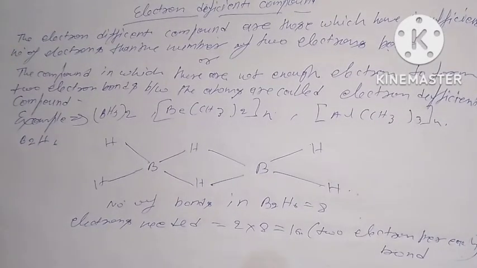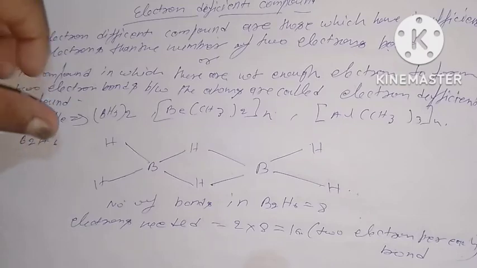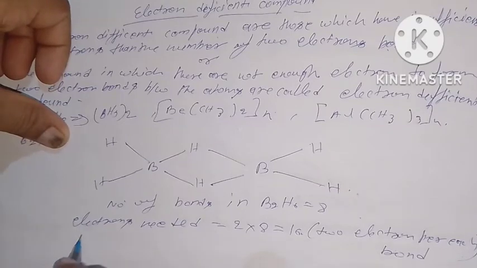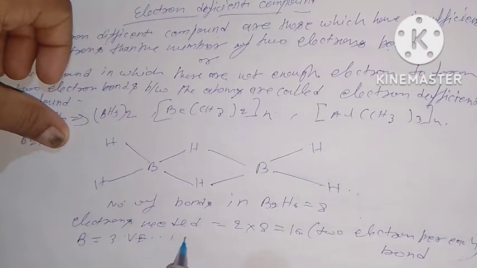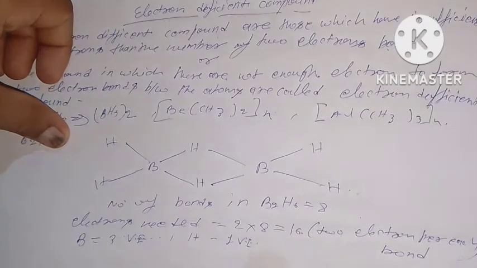As boron has 3 valence electrons and hydrogen has 1 valence electron, okay.